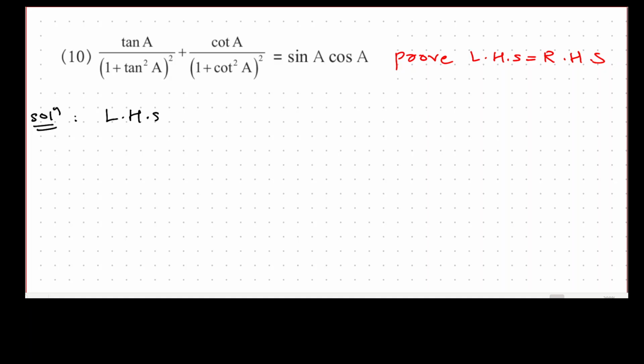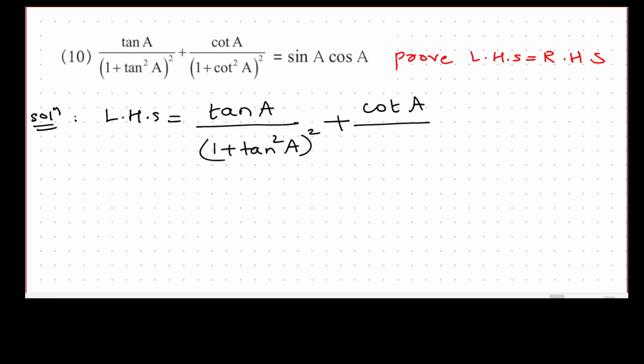Left hand side is equal to (tan a upon 1 plus tan square a) the whole square plus (cot a upon 1 plus cot square a) the whole square.